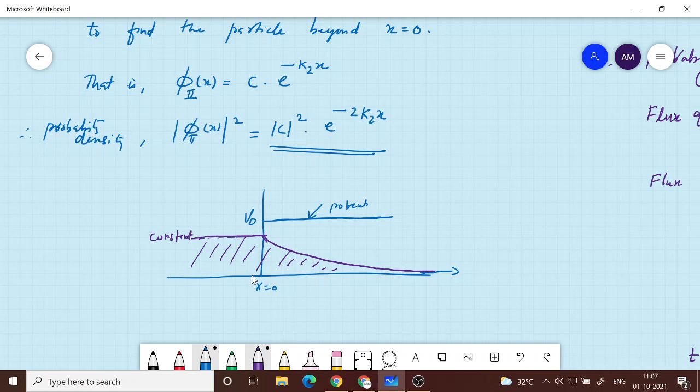So there is some problem in normalization because of the wide range: from minus infinity to x equal to 0 it is constant, and then it decays exponentially. But the point is that there is a finite probability of finding the particle. Now if you restrict it with an infinite well here, then you can normalize it easily.